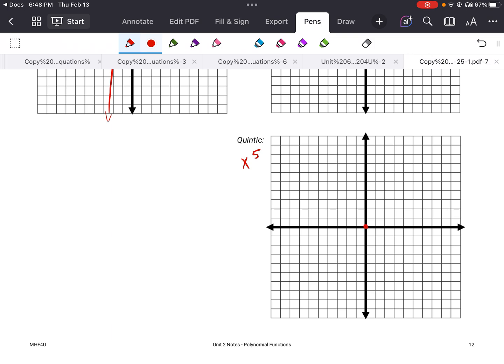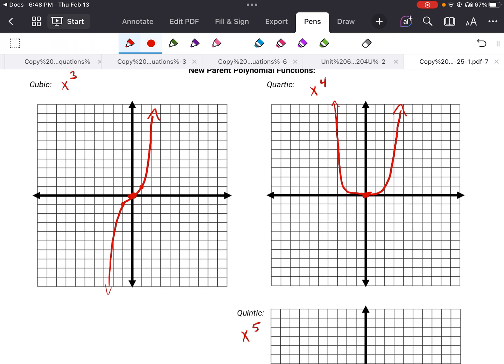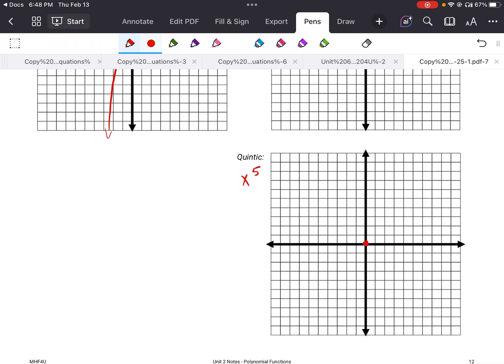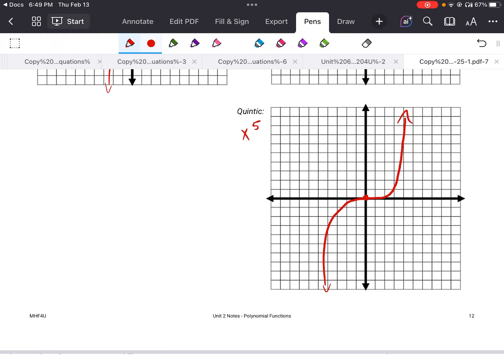Okay, and then we have quintic. Again, going through 0. This one kind of looks like cubic, but again, a more defined flat line as it reaches the x-intercept. So it's almost like this, a more defined flat line.